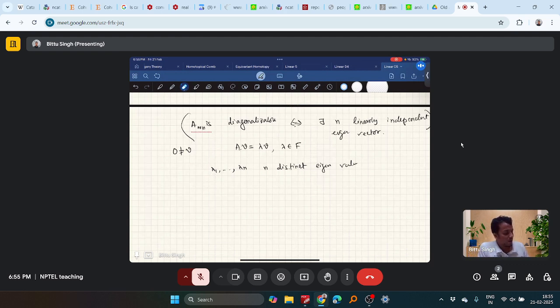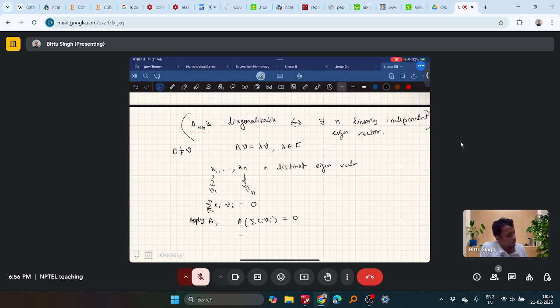Corresponding to each lambda, we get at least one eigenvector, v1 up to vn. Now we need to prove those eigenvectors are linearly independent. So if possible, let their combination, sum of ci vi, be 0. Then if we apply A on the whole thing, we have A times the sum of ci vi equal to 0, for i equal to 1 to n.